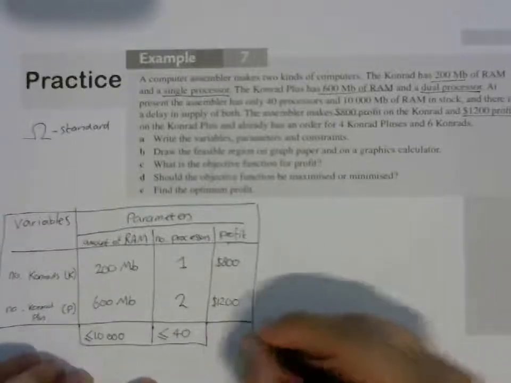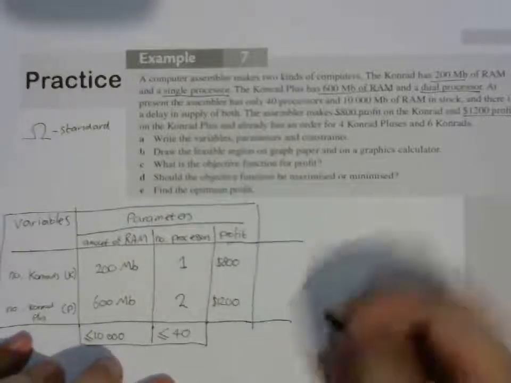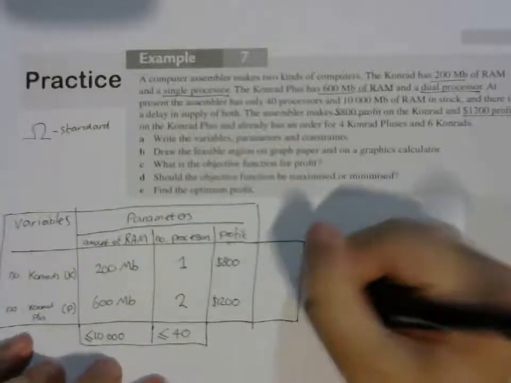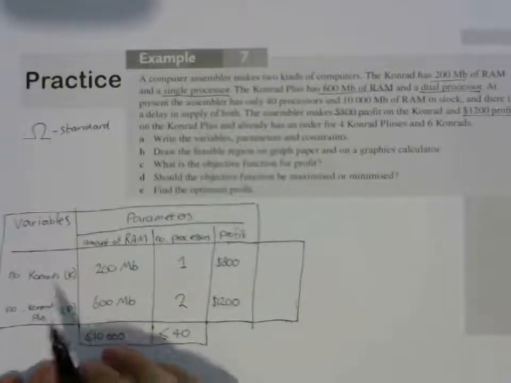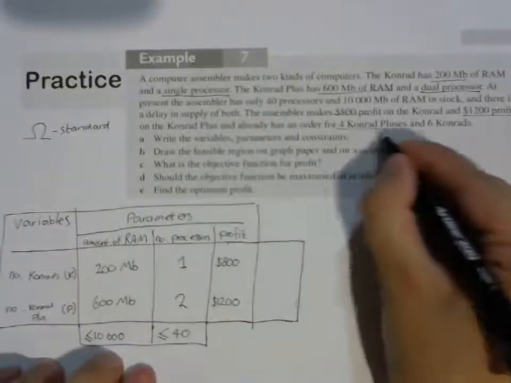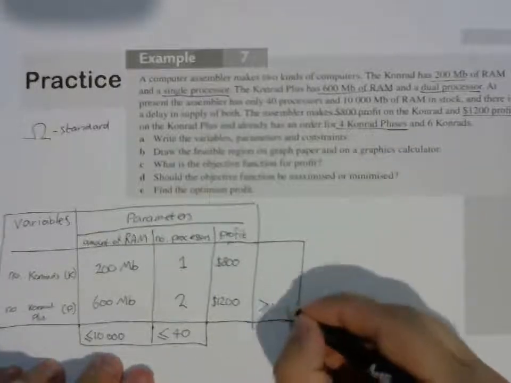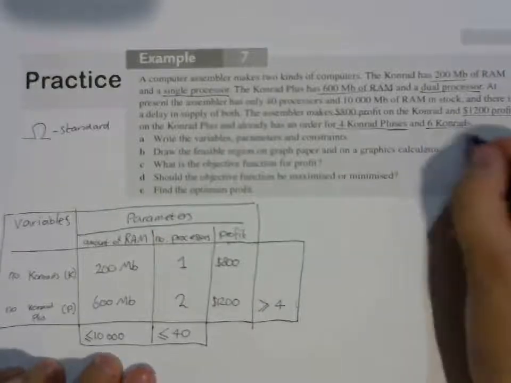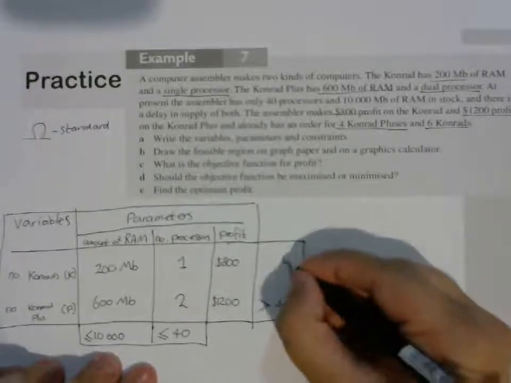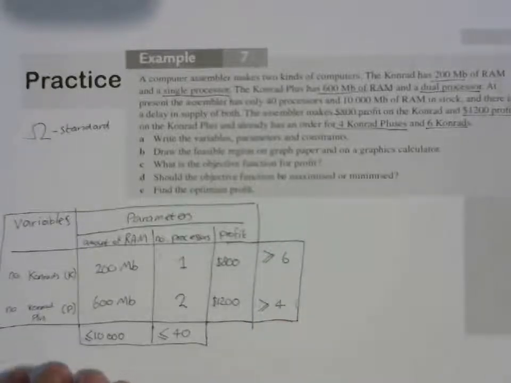We're not given a constraint for profit, but we are told a minimum value for the Conrads and Conrad Pluses. We have an order already for 4 Conrad Pluses, so we need to build at least 4. And we have an order for 6 Conrads, so we need to build at least 6 Conrad computers.